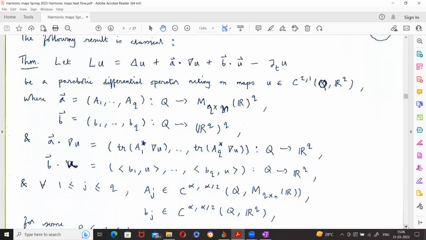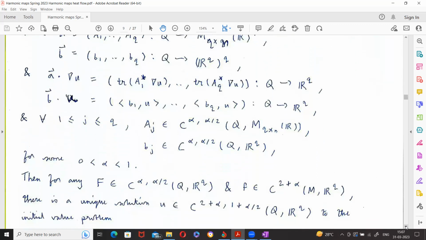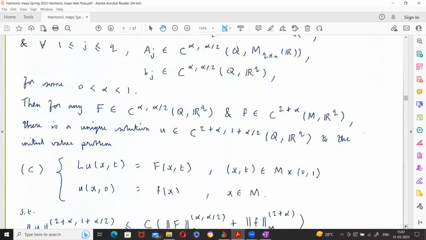Is this all right? So those are the first order and the 0th order terms. And what we assume is that the coefficients of the first order and 0th order terms are in the Holder space alpha comma alpha by 2, for some alpha in (0, 1).